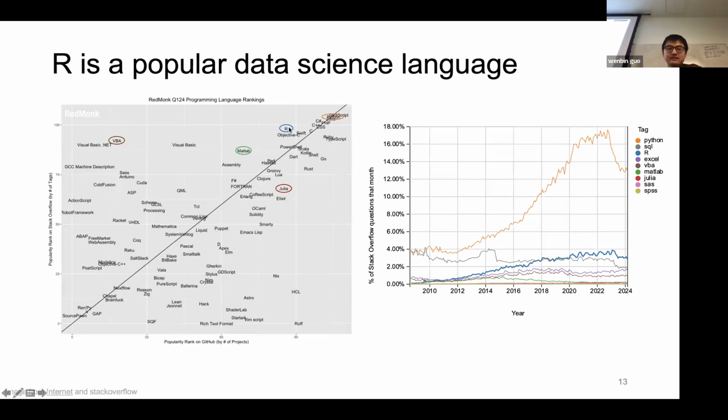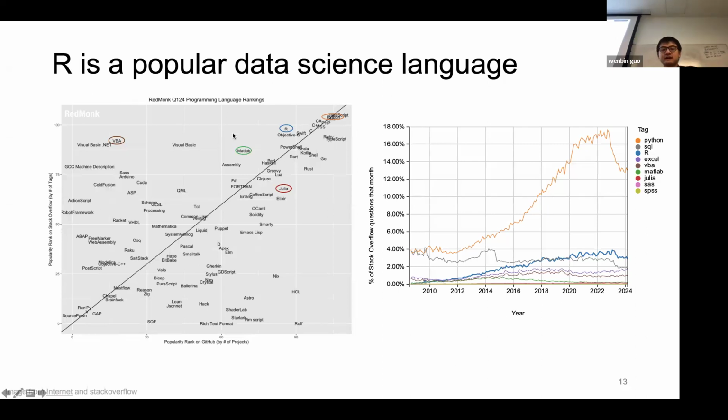So basically, here the left panel is the popularity rank on GitHub by the number of projects, and the y-axis is the popularity rank on Stack Overflow. GitHub is a project repository, and Stack Overflow is actually like a forum where people ask questions.